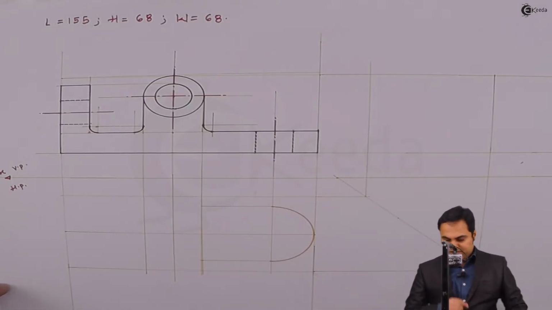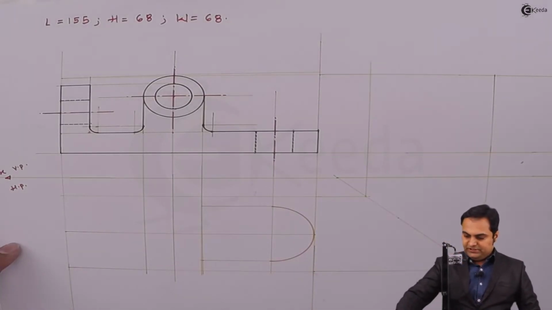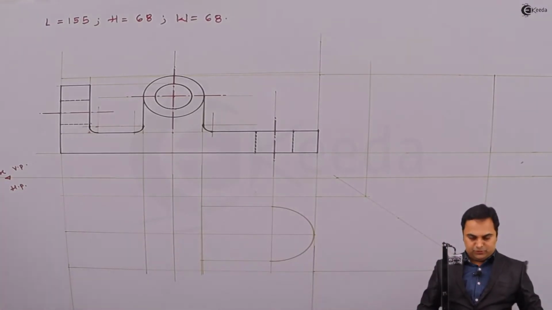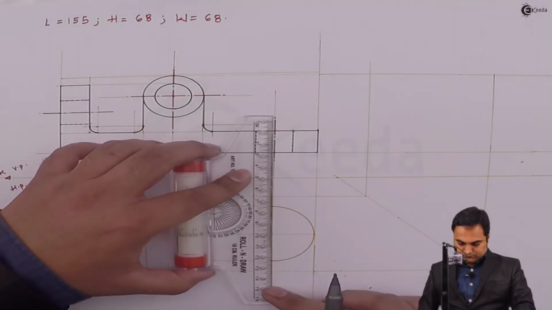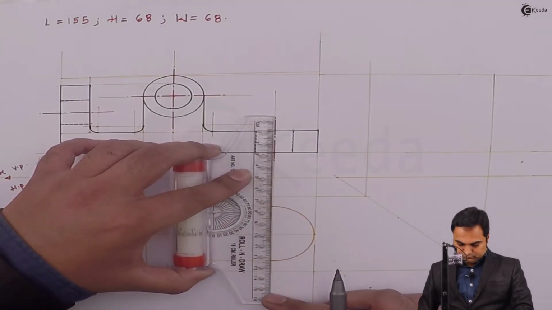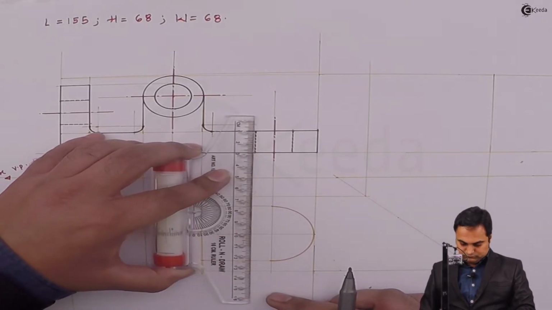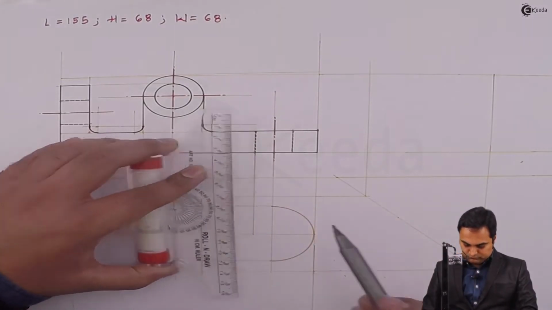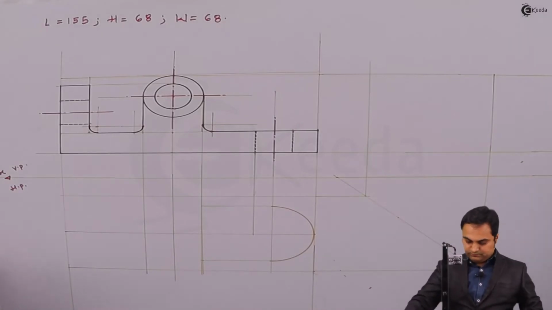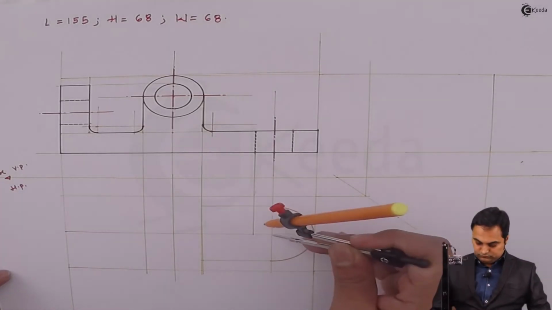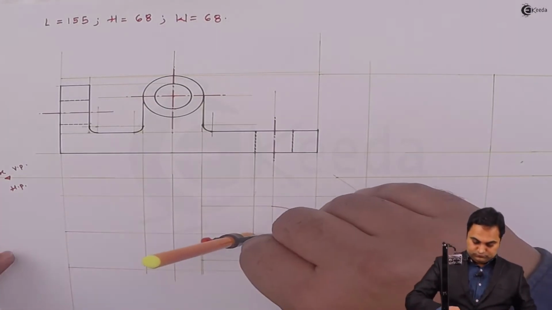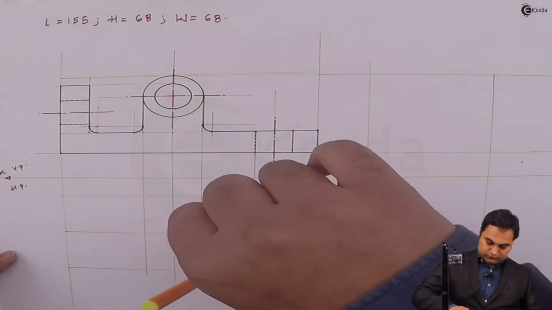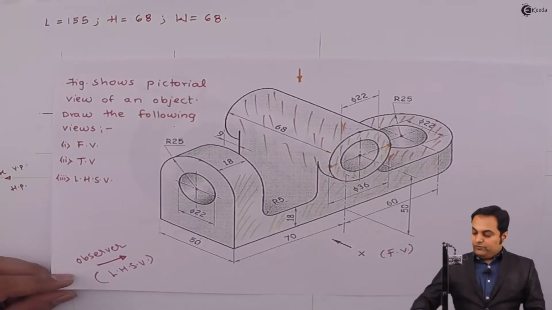So inside this there is a circle whose center we already have here and radius I'm going to project from the front view. So here is the radius. Drawing a light circle.